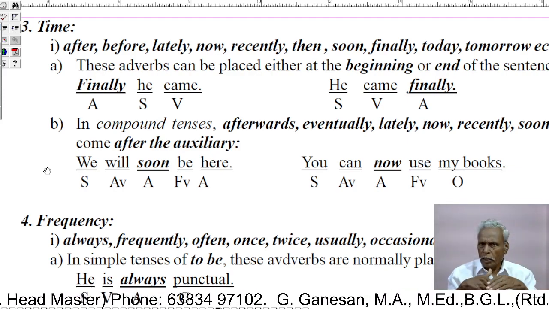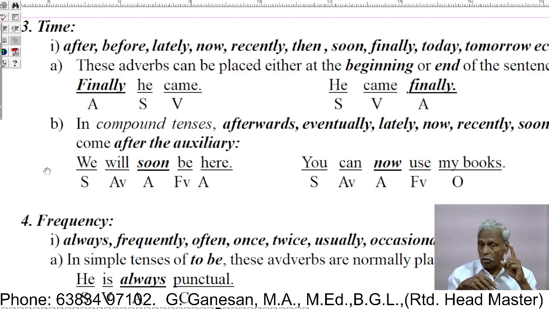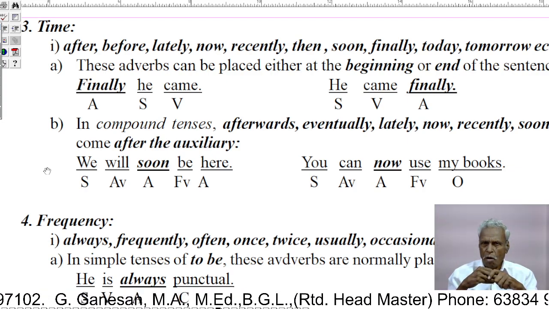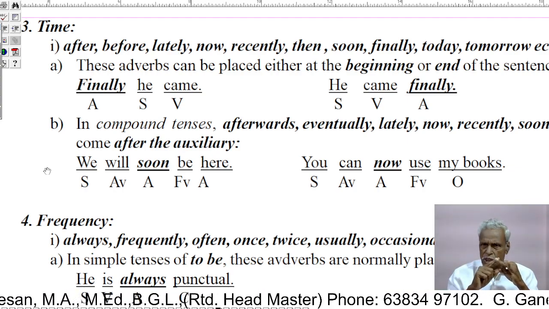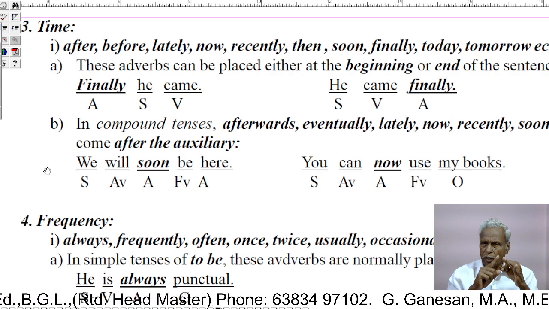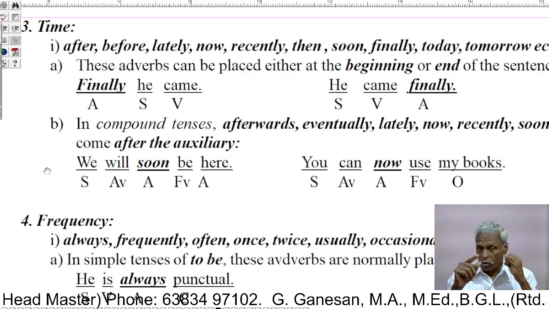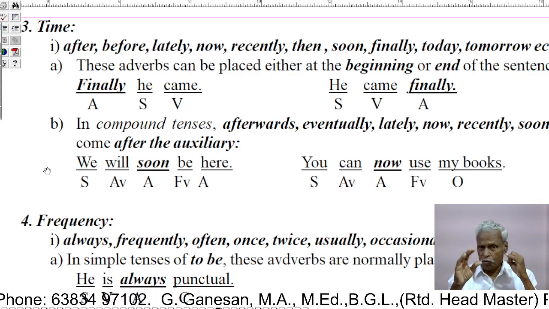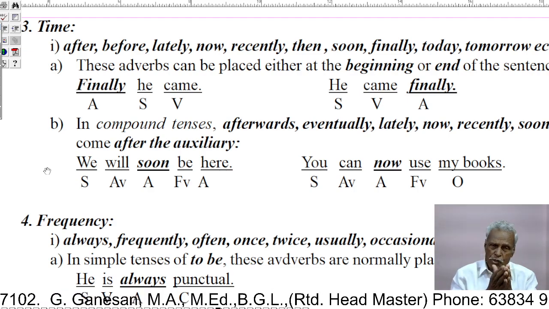Second one, in compound tenses, when there is more than one verb, afterwards, eventually, the adverb can be placed after the first auxiliary verb.